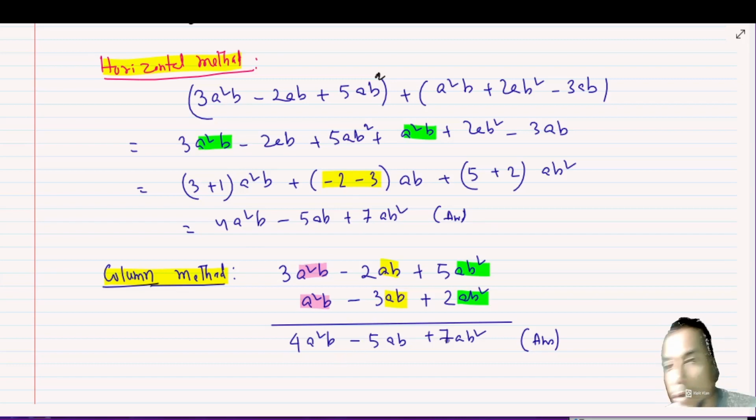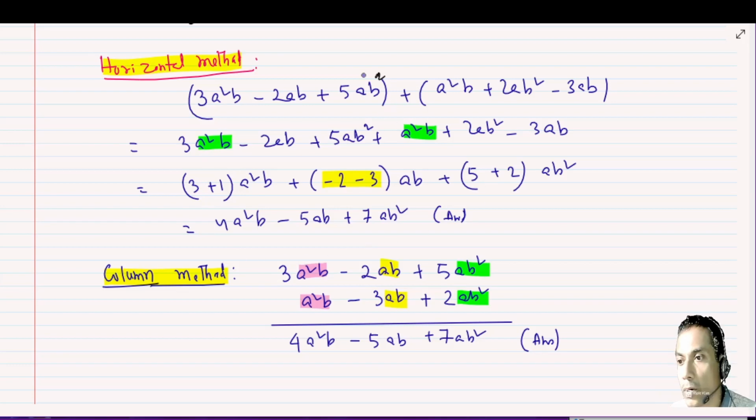So it is up to you. Sometimes the horizontal method is applicable, and sometimes if you think a more complex problem is there, then you can apply the column method, because the column method is very easy to get the answer and you can avoid a lot of mistakes. With the horizontal method there is a chance of making a lot of mistakes. So I suggest you practice both. My preference is the column method, but I'm comfortable with horizontal also.